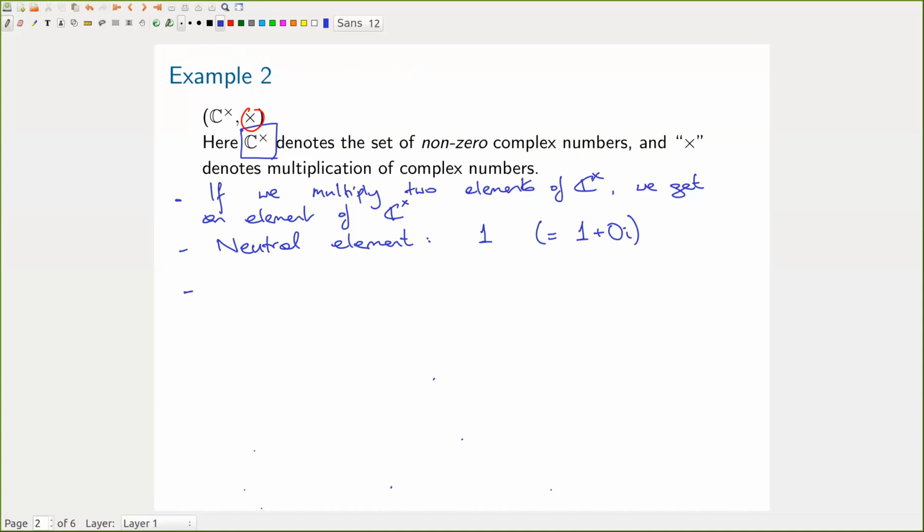Okay, so a slightly more complicated question is, given any non-zero complex number, let's say we call our element z, which is typical for a complex number, does it have an inverse for multiplication?